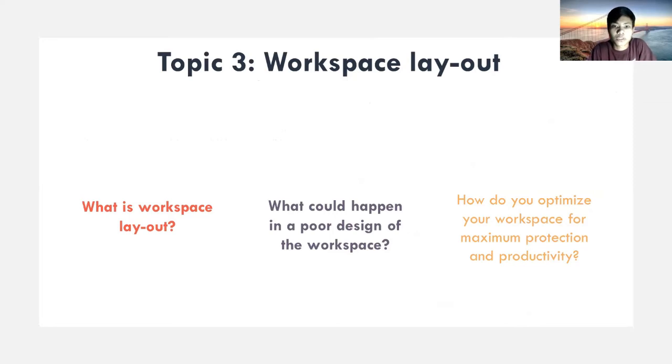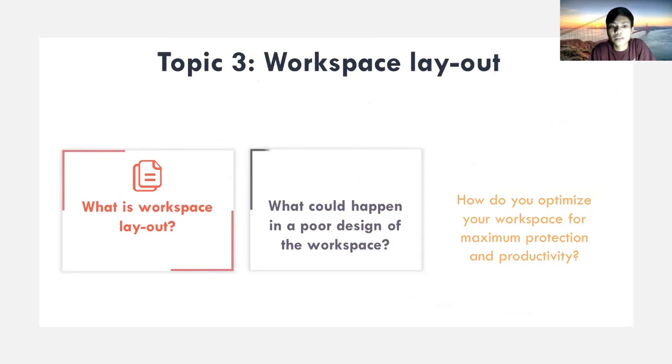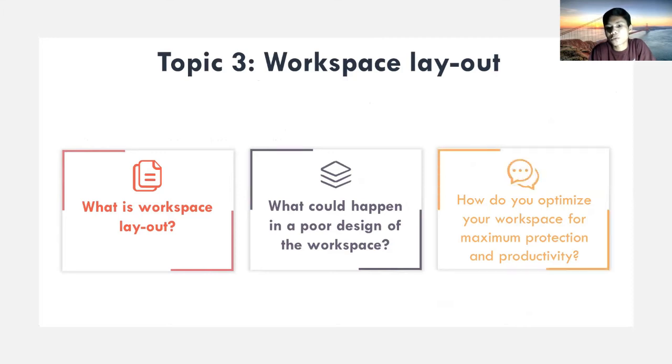First, we're going to define what workspace layout is and what could happen in a poor design of the workspace, and finally we're going to answer how we can optimize our workspace for maximum protection and productivity.